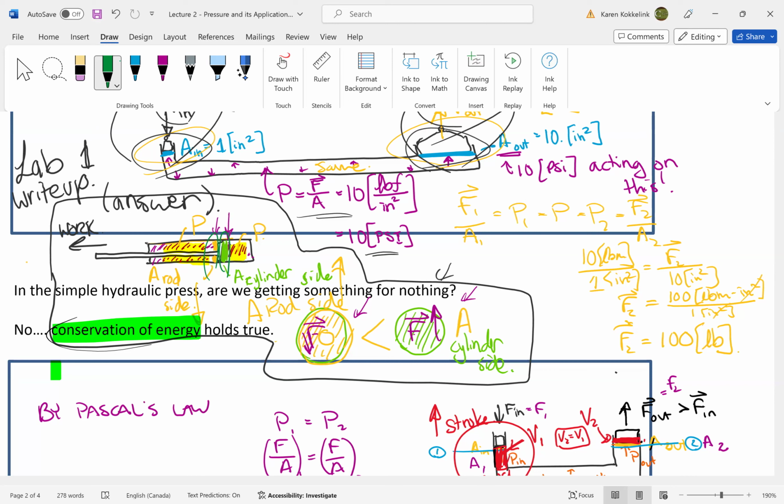So if it has to travel that distance over a certain amount of time, and the conservation of volume has to be the same on this side and on this side, then they're actually going to have to travel at different speeds, a different rate of displacement over time t, which is speed. So when you're extending this cylinder and retracting it, they're actually going to act at a different speed. So that would be an application of this conservation of energy.